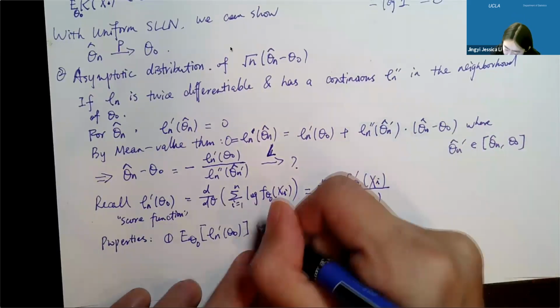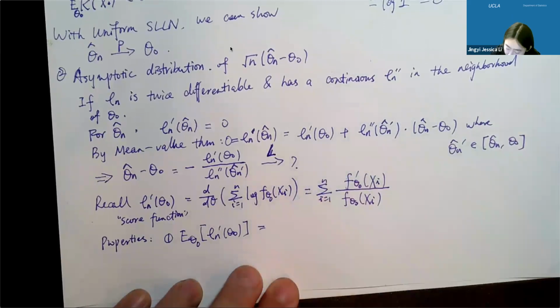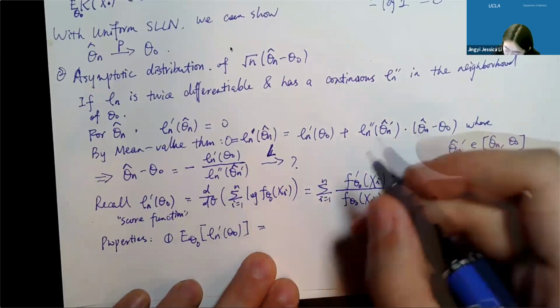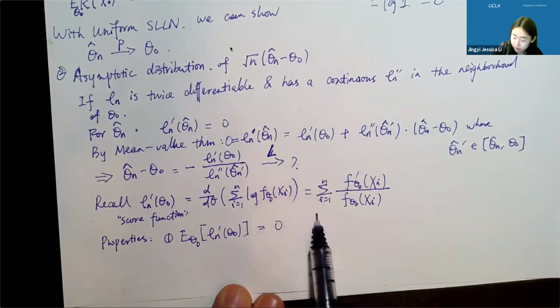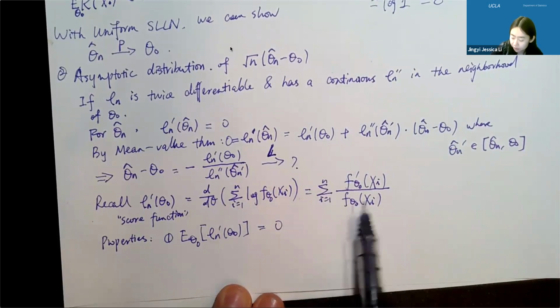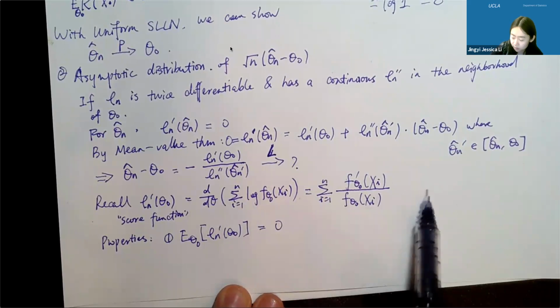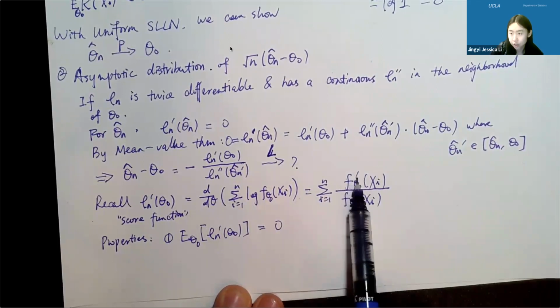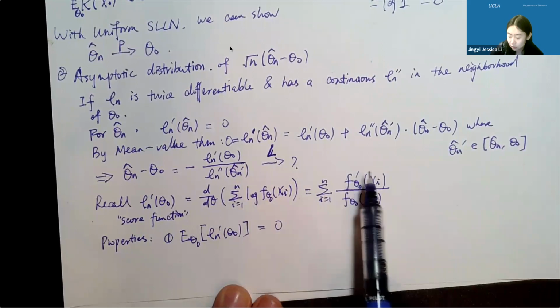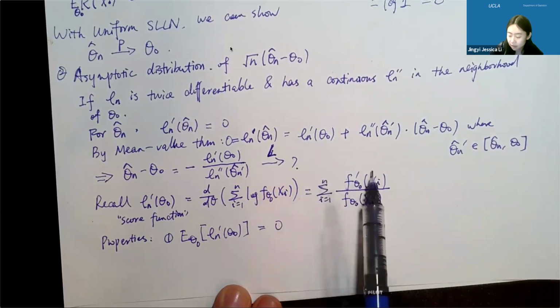We can show it based on the definition of expectation. Imagine that you're doing integration here. Then you are going to have an f theta 0 x multiplied here that can be canceled with this in the integration. And for the differentiation, I'm just going to move the integration outside and the differentiation inside.